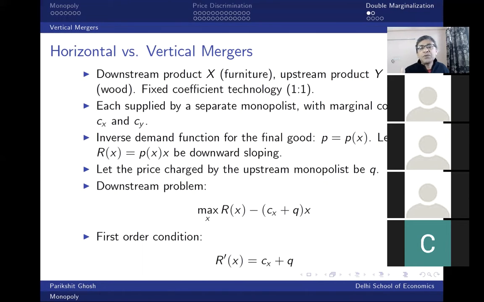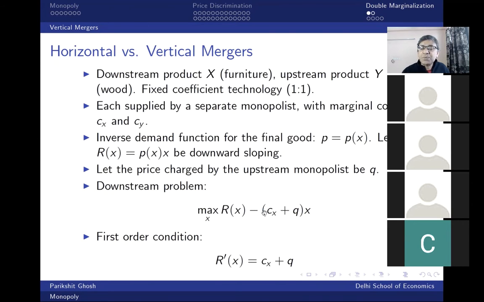Well, we have to use a reasoning called backward induction, right? Basically, we take an arbitrary price Q. So the logging company has chosen a Q, whatever that is, and taking that Q as given, the price of wood that has been set, the downstream monopolist, namely the furniture company, will solve this problem, right?